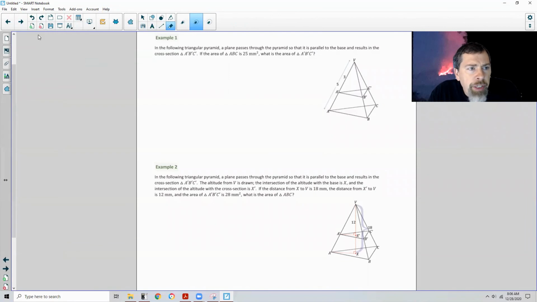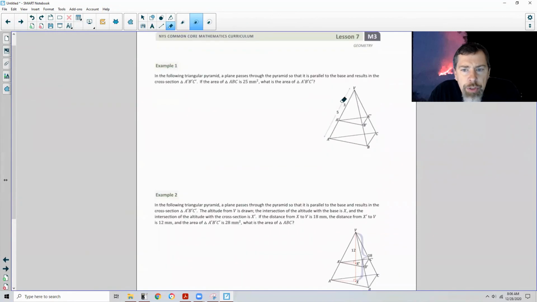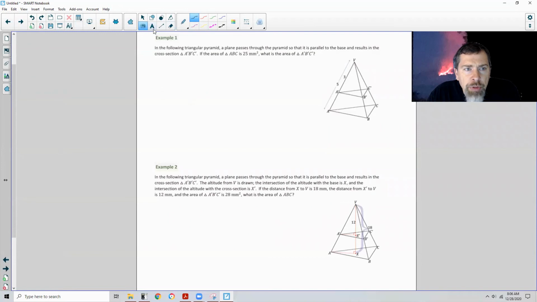Okay, page 3 brings us to our first example. We're now going to apply the principles of dilation in a three-dimensional shape and do examples. So this is now an application. It says, in the following triangular pyramid, a plane passes through the pyramid so that it is parallel to the base.